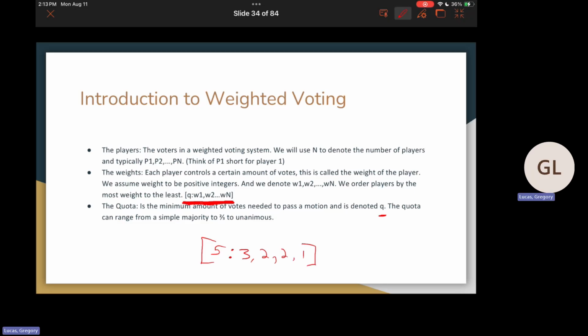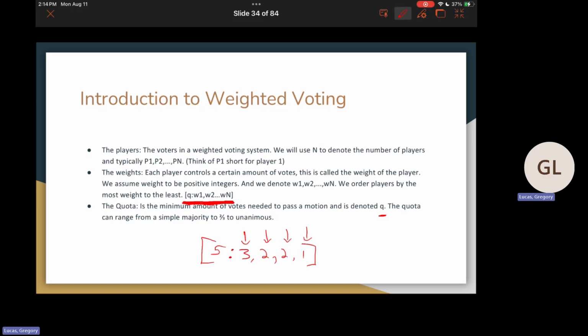So it looks something like this. That means there are 4 players, since we have 4 numbers here. One person's vote is worth 3, 2 people have votes of 2, and one person has a vote of 1. So 5 of those votes would be a win.